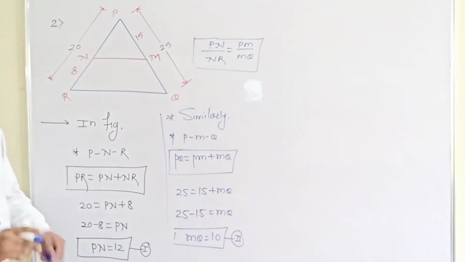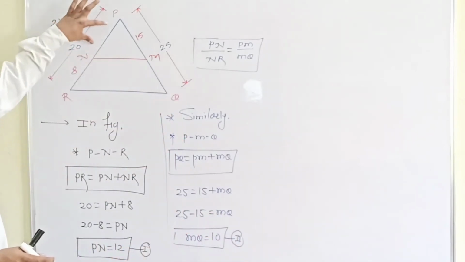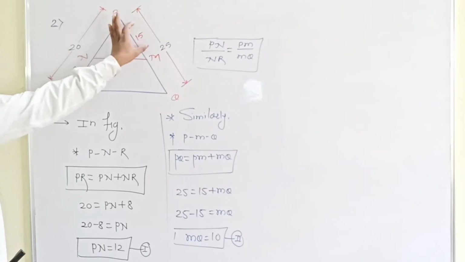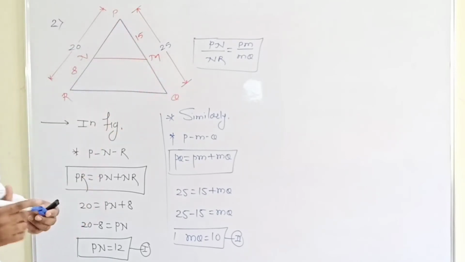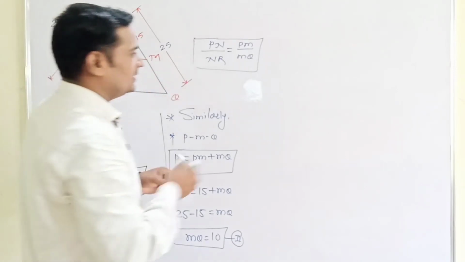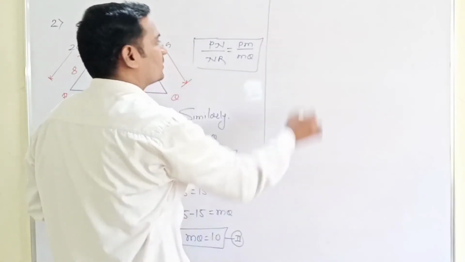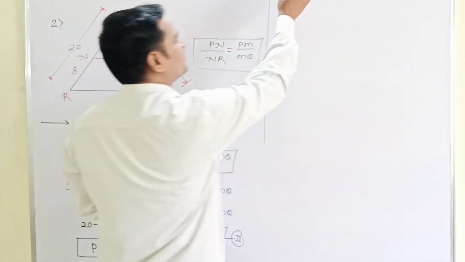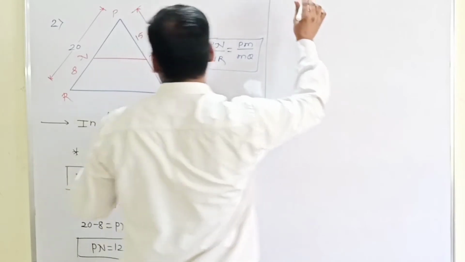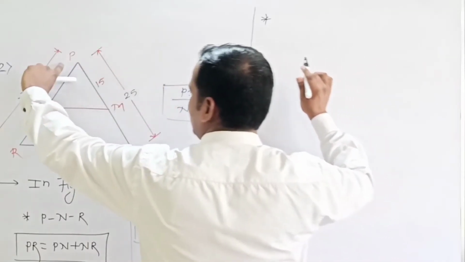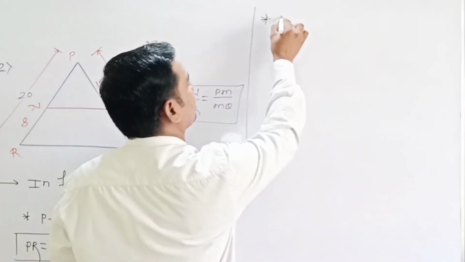Now we can take the ratio of these two, PN upon NR and PM upon MQ. Keep this as it is for our convenience. We will take the first ratio now, PN upon NR.